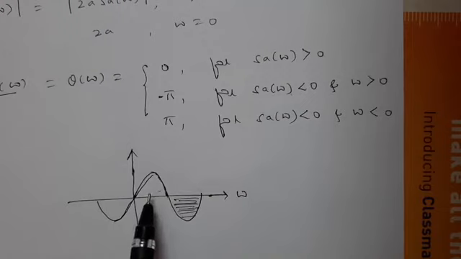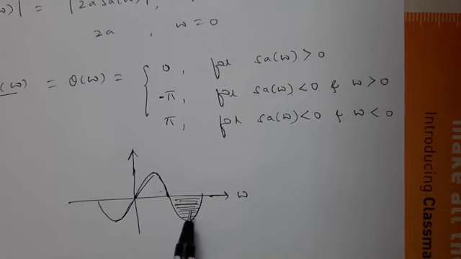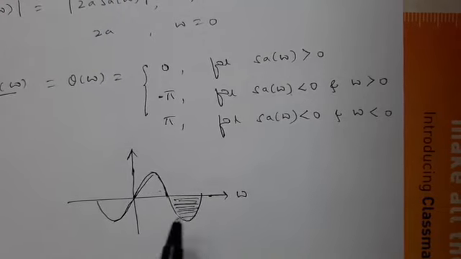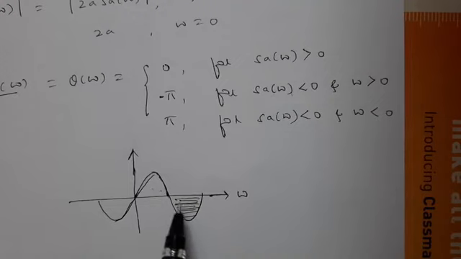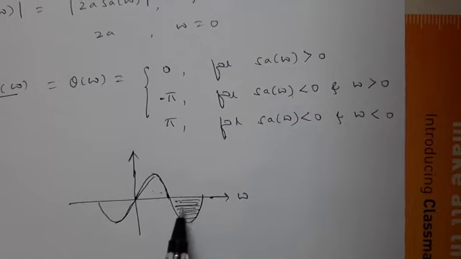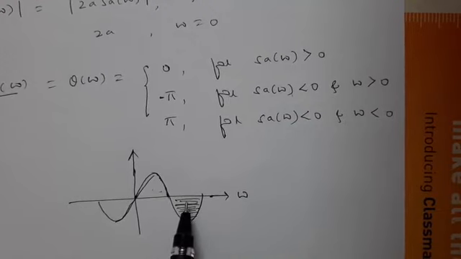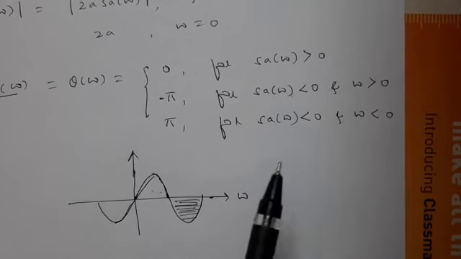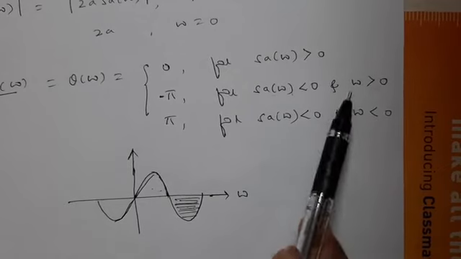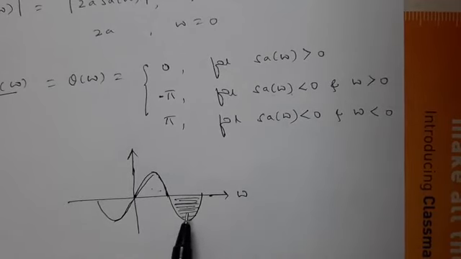Or in simple terms, is this cycle leading or lagging this positive cycle? The answer is this cycle, whatever Sa of omega, when it is less than 0, I am trying to use that cycle, with the condition omega greater than 0 and Sa of omega less than 0.